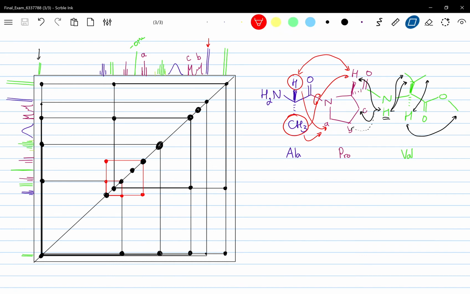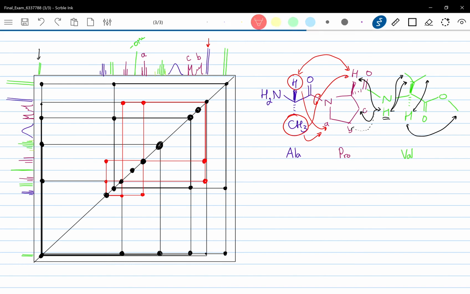The methyl can have interactions with, let us start with the alpha proton. So we'll have these two correlations. And the proton A, which is this one, which gives these two correlations.